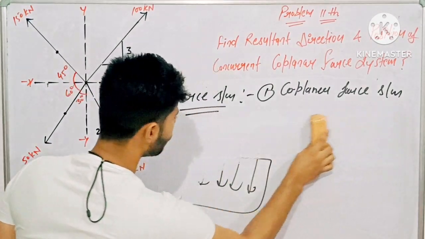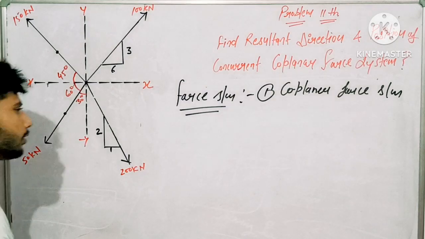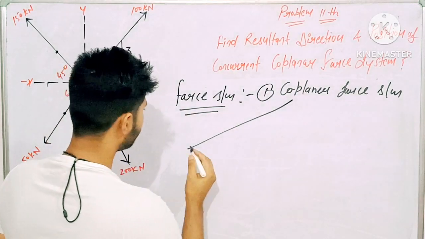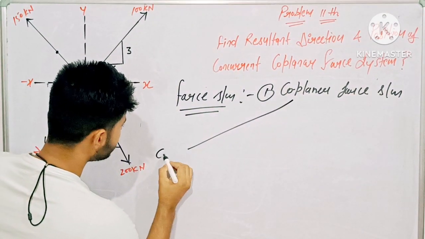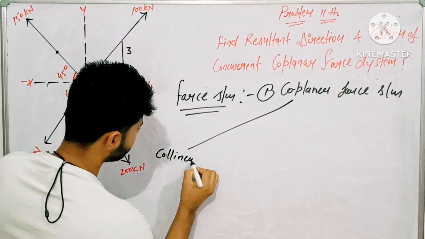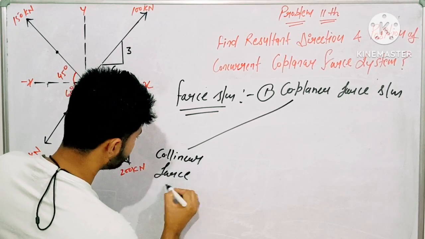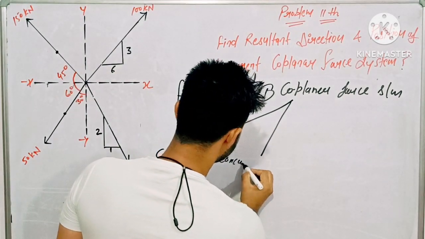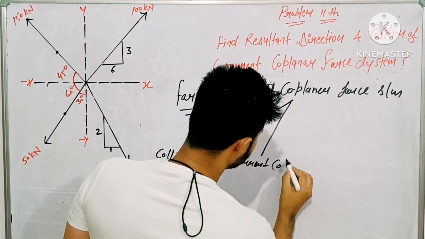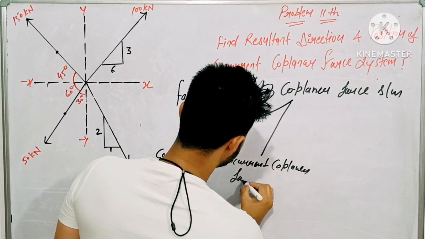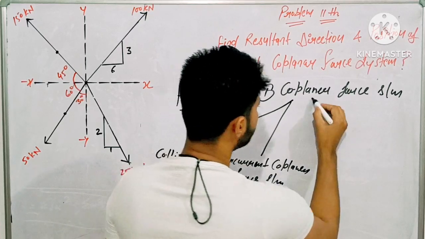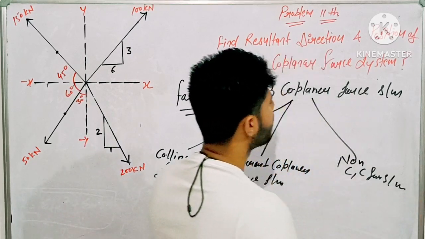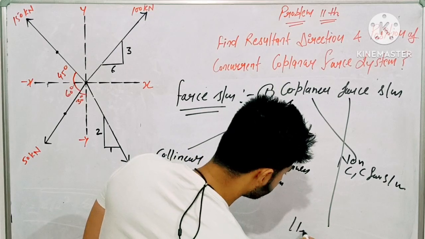Here we have four types of coplanar force system. Watch carefully, this is the most important part of this video. First is collinear force system, the second is concurrent coplanar force system, the third is non-concurrent coplanar force system, and the fourth is parallel force system.